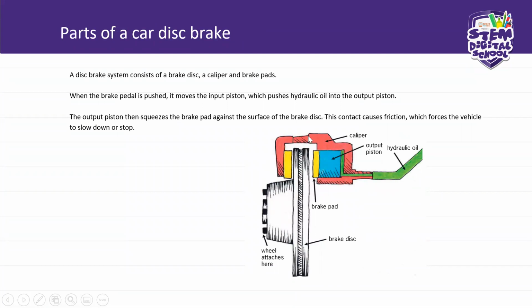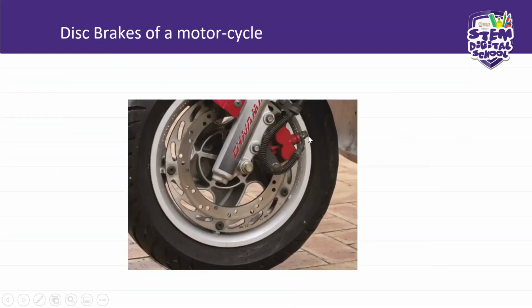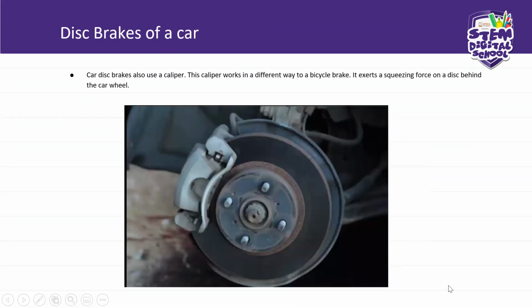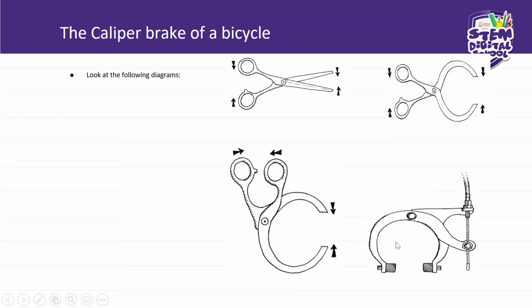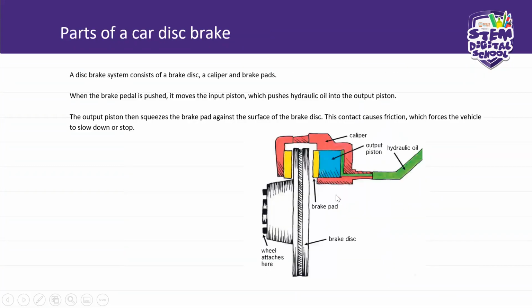You'll notice that it looks more like this caliper. Here it is. Now, this is a brake disc. And then you have your output piston. You have your brake pads here.